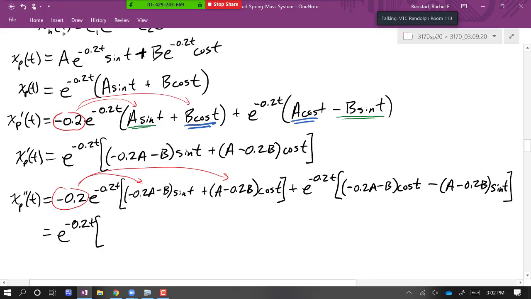Maybe I should do this in a couple of steps, because if I do it all in one step, that will be tempting fate. So that'll be what? 0.04a plus 0.2b, and then plus negative 0.2a plus 0.04b.